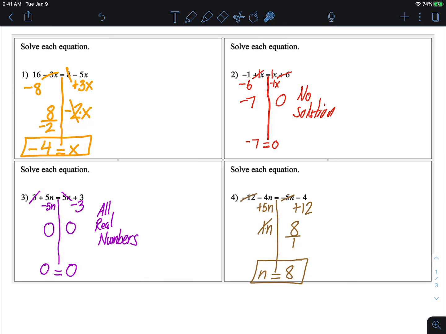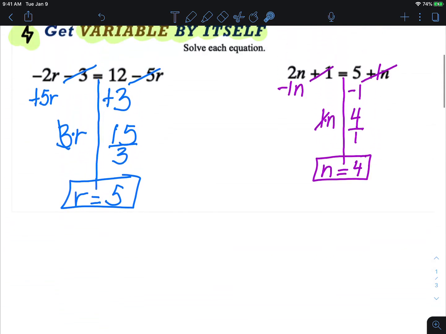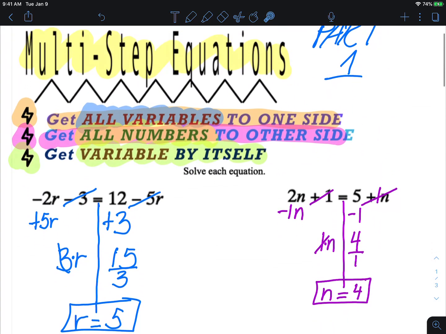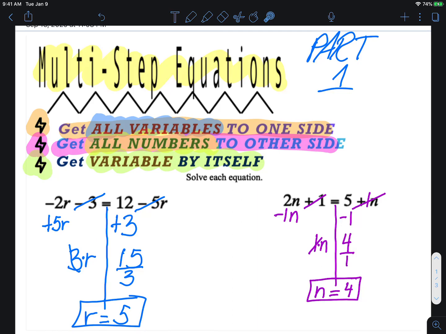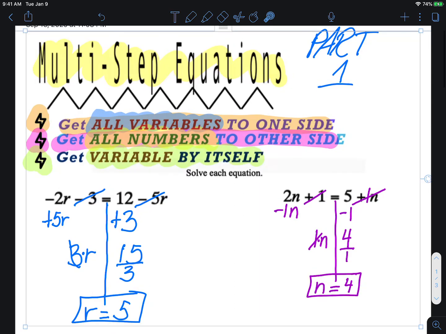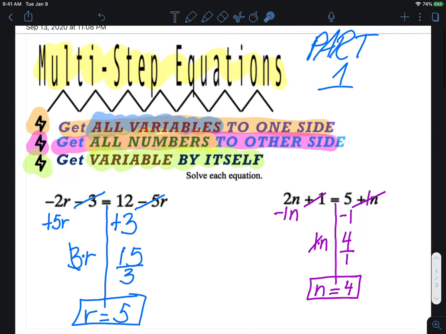Or you might have a problem where they are not equal to each other and the answer is no solution. Or they are equal to each other exactly and the answer is all real numbers. Right? So this is multi-step equations part 1. Okay. Again, make sure that you have copied these on your notebook or sheet of paper and rewind if you have to make sure you have everything.